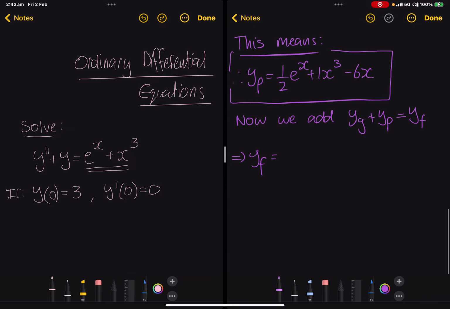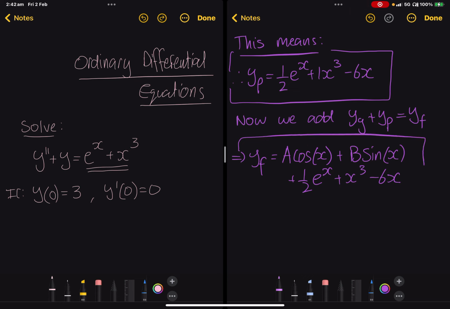We've long since forgotten about this. So a cos x plus b sin x, and then we have to add to this our particular solution, which is plus 1/2 e to the x plus x cubed minus 6x. This is our full solution.